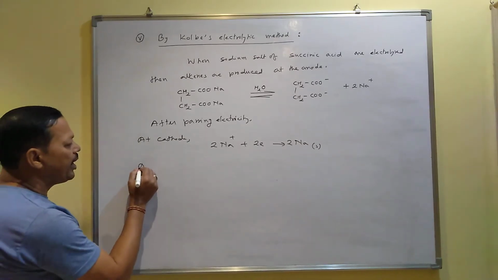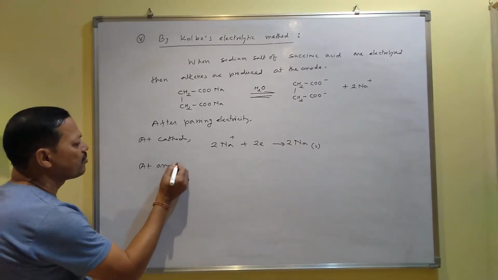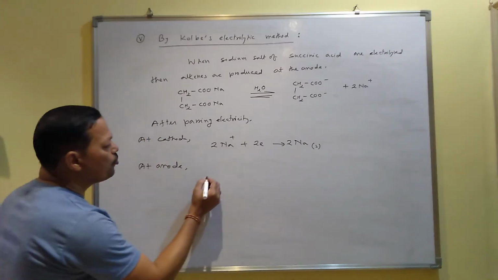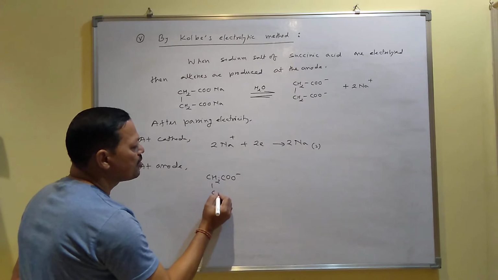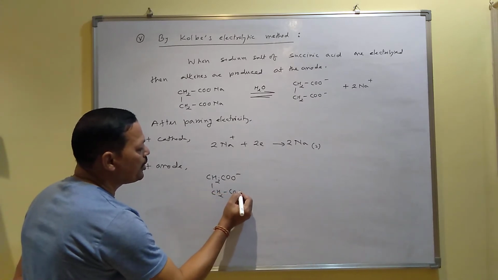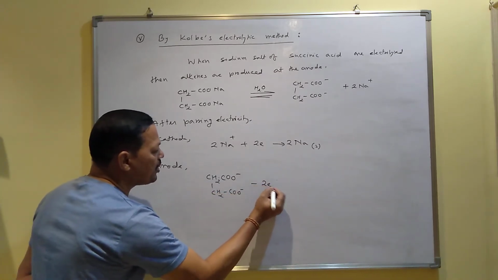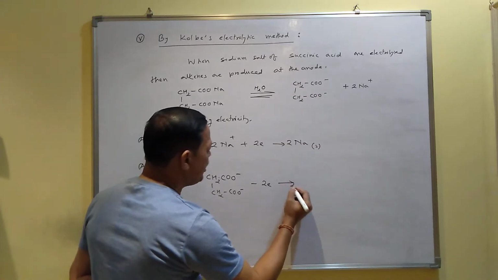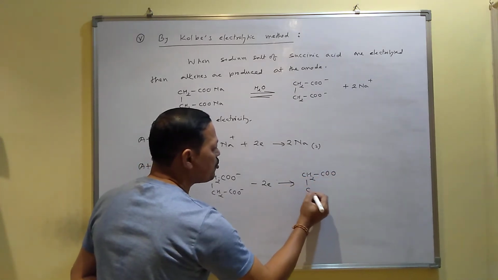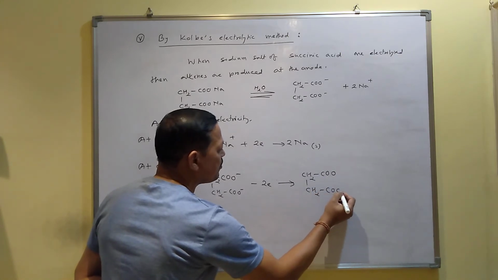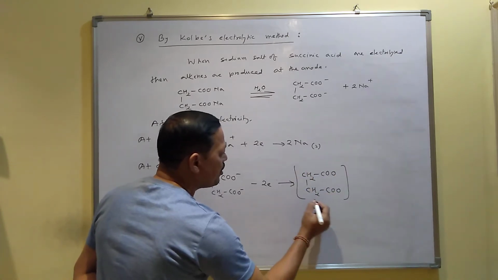And at the anode, the negative ion will move. Your negative ion is CH2COO minus. It will lose 2 electrons, and by release of electrons, it produces a neutral compound like this. The negative charge will be neutralized, and this compound is unstable.